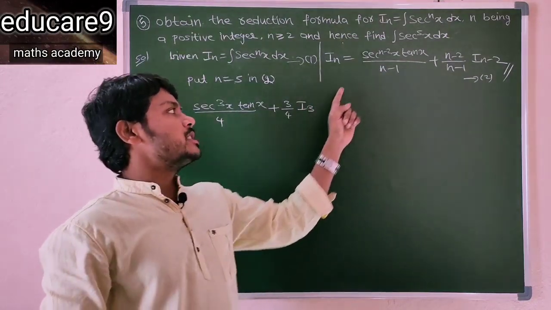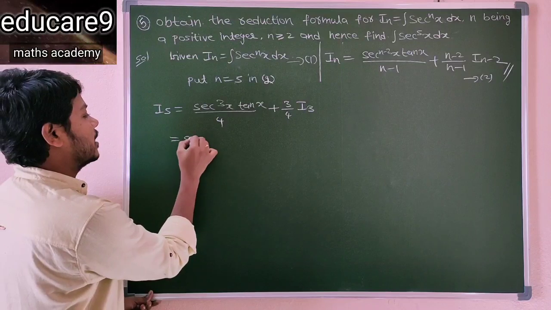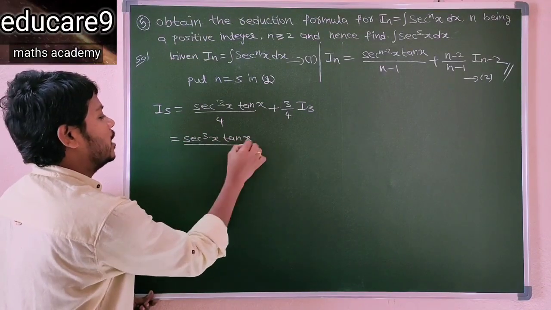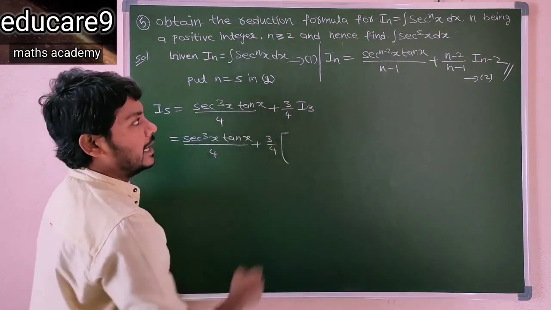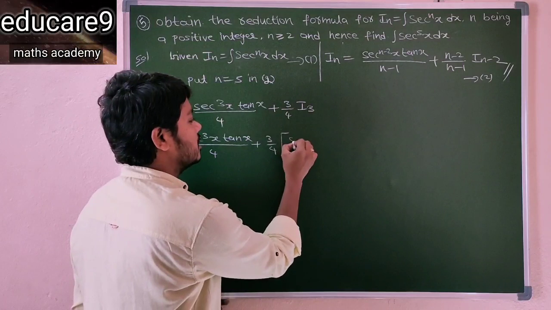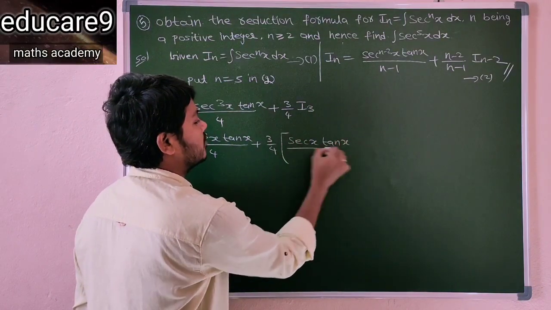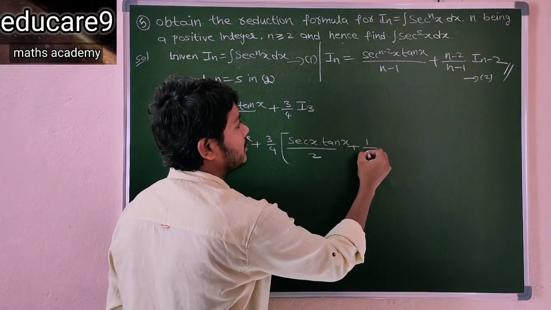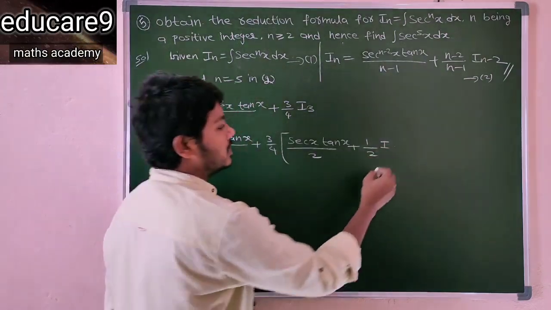So again put n equal to 3 in equation 2, so that is sec^3 x tan x divided by 4 plus 3 by 4 into I3. Put n equal to 3, so sec x tan x over (3-1), that is 2, plus 1 by (3-1), that is 2, I(3-2), that is I1.